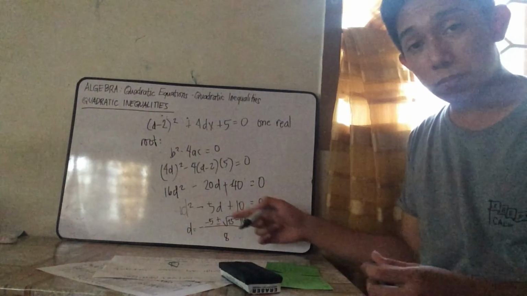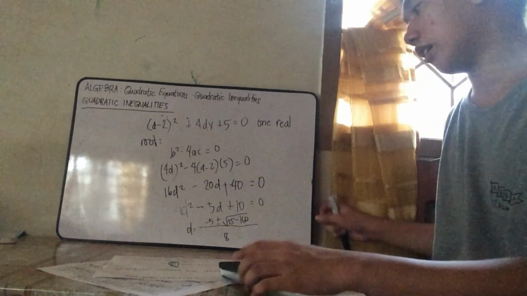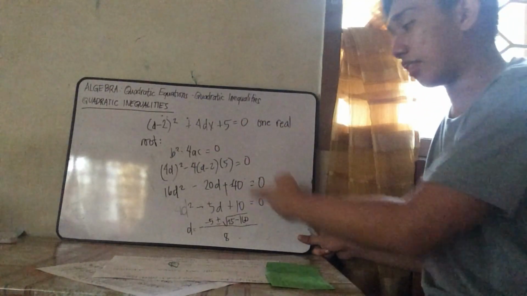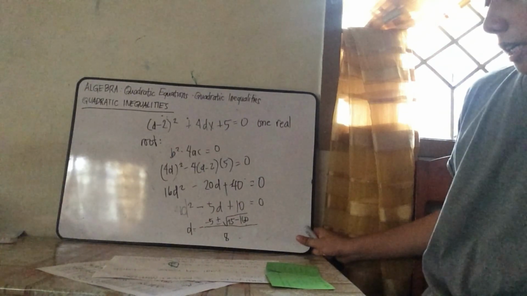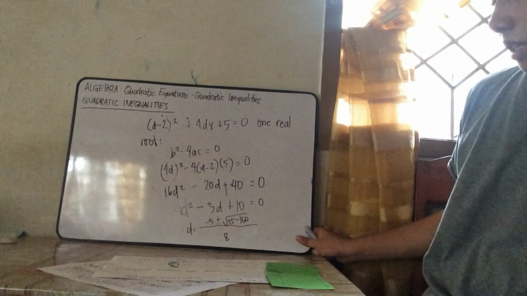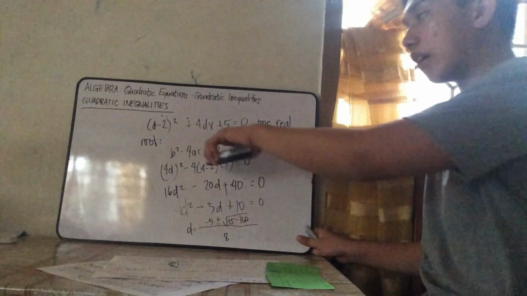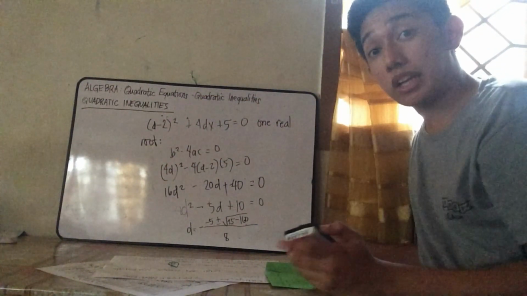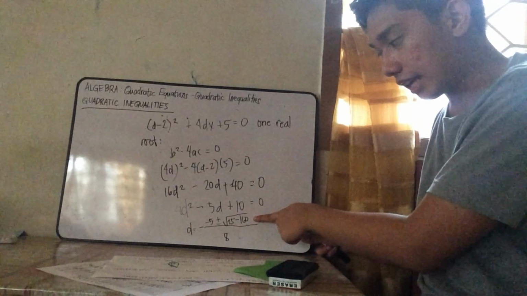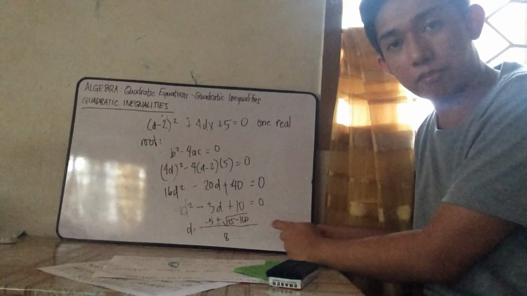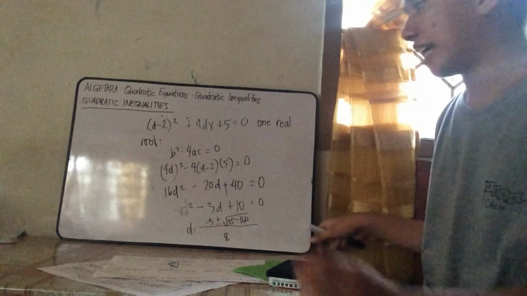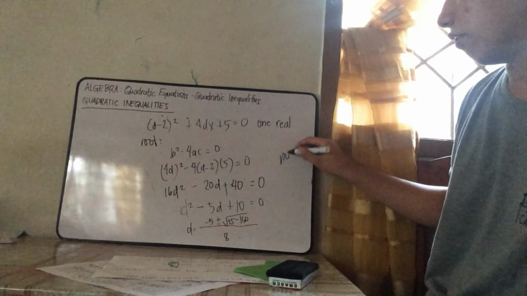Negative na ang nasa loob ng discriminant. Therefore, there are no values and there are no chances that this will be solved. Okay? There are no values that will make this expression contain one real root. Kasi, imaginary na yung expected natin dito kasi 25 minus 160. So, wala na. So, the answer is no solution.